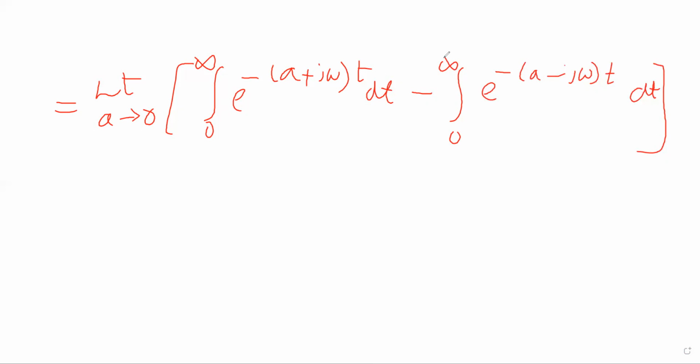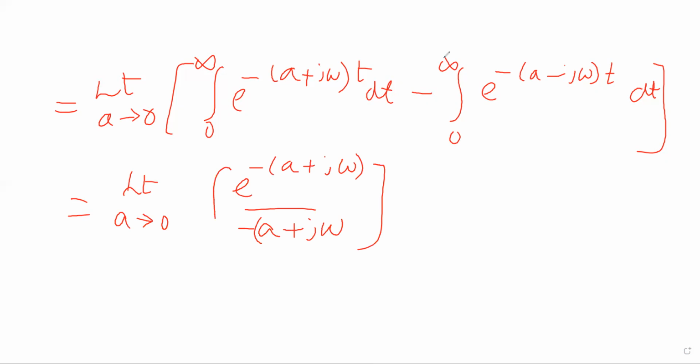Okay, so by considering that, we will write the first one as limit a tends to 0, e to the power minus a plus j omega t by minus a plus j omega, with limits 0 and infinity, inside curly braces.